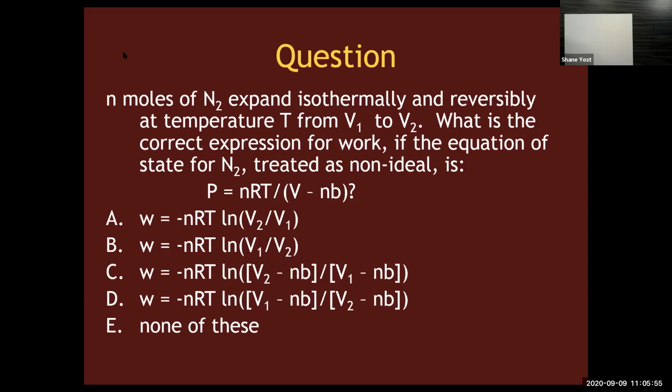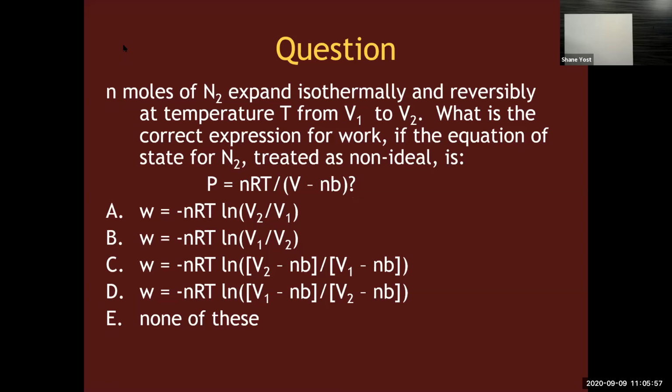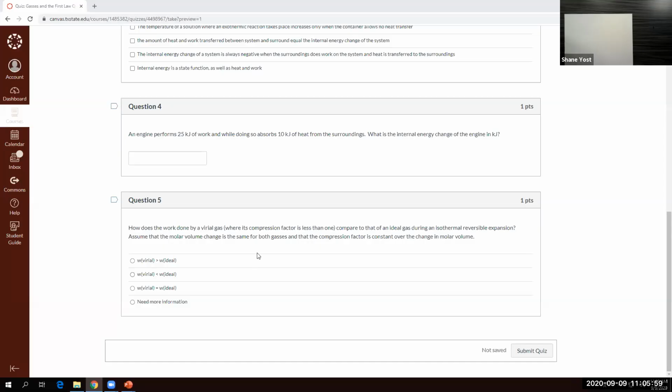Let me share this screen as well, and I'll remove the blank screen. All right. So it's question number 5 here. The question is how is the work done by a virial gas, which has a compression factor less than 1, so Z is less than 1, compared to that of an ideal gas during an isothermal reversible expansion?